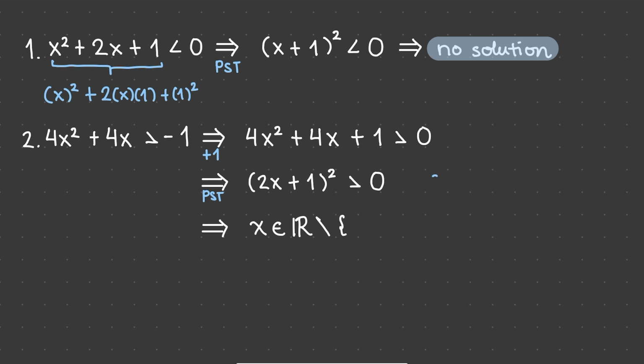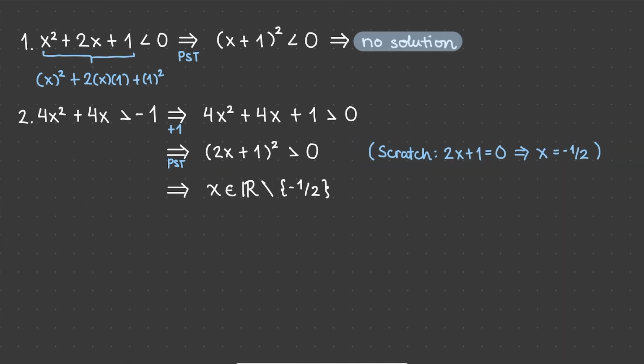Let me scratch that out here. If we equate 2x plus 1 to 0, we move 1 to the other side, so that will be negative 1, and then divide by 2. That will give you x equal to negative 1/2. This means that the solution set for this one is all real numbers except the part wherein it will be equal to negative 1/2.